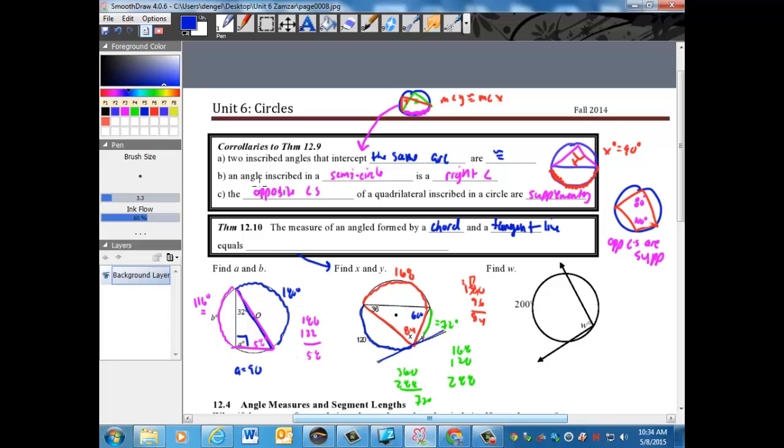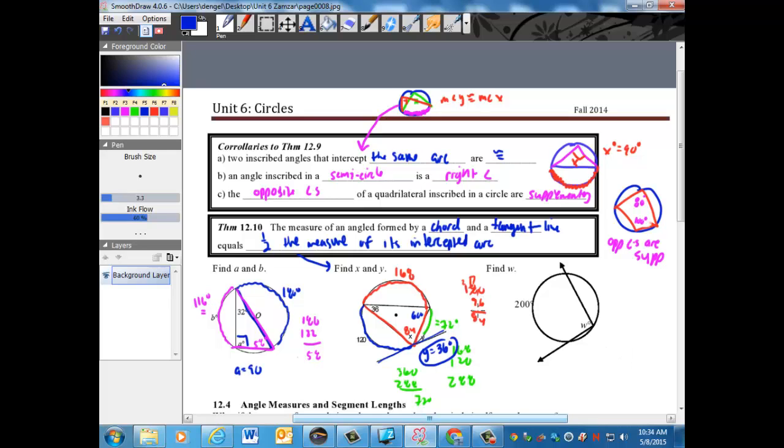And when that happens, the angle that's formed, Y, is going to equal 1/2 the measure of its intercepted arc. So it's really the same rule that we have with an inscribed angle. Okay, we're going to say that angle Y is going to be half of its intercepted arc. So Y would have to be half of 72 degrees, which would be 36 degrees.